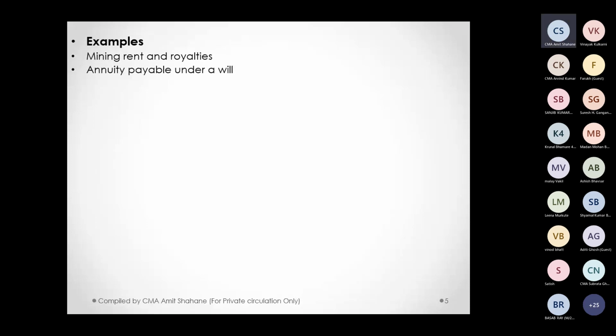Now, it is mentioned in the will of my, say, father, and who is paying me? That NGO is paying me that annuity on a monthly basis.